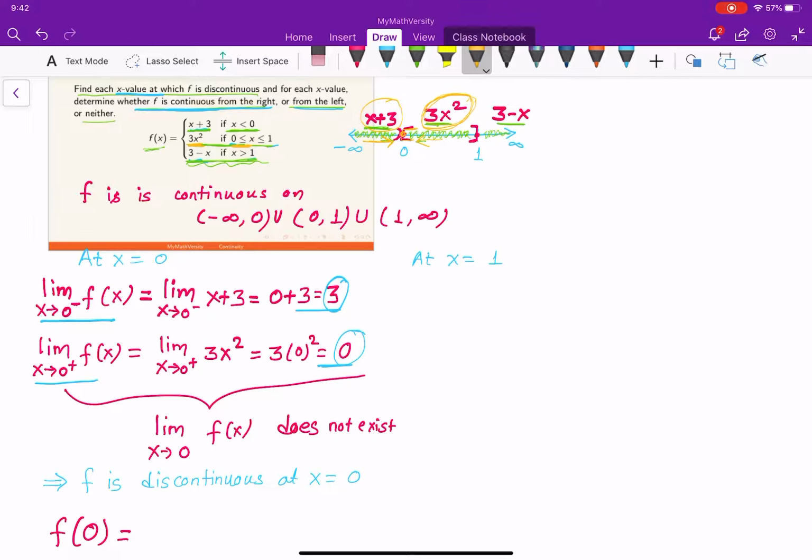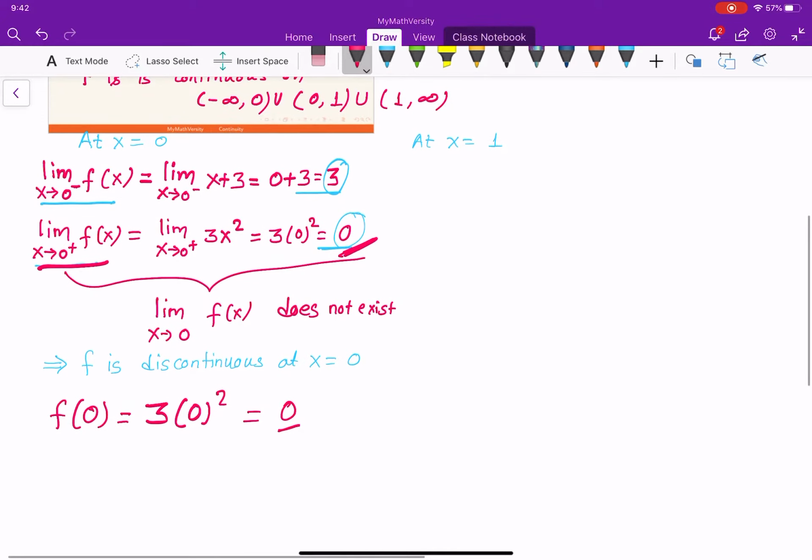So we need to use that rule to find the value of the function at 0. 3 times 0 squared is just 0, which is equal to the right side limit here. Since the right side limit of the function is equal to the value of the function, we can conclude that f is actually continuous from the right.